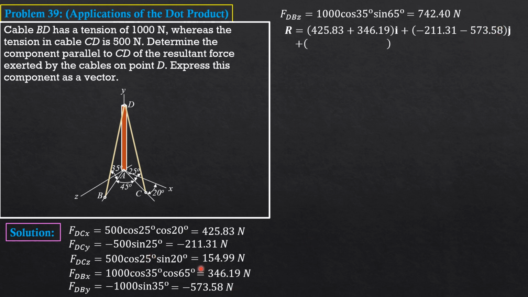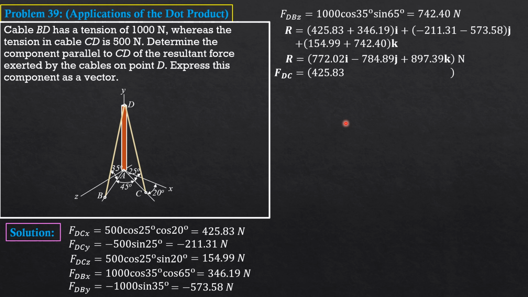Then for the z component, 154.99 plus 742.4 k. So R is equal to 772.02 i minus 784.89 j plus 897.39 k. The component of this resultant force parallel to CD is obtained by the dot product of R with the unit vector of CD.